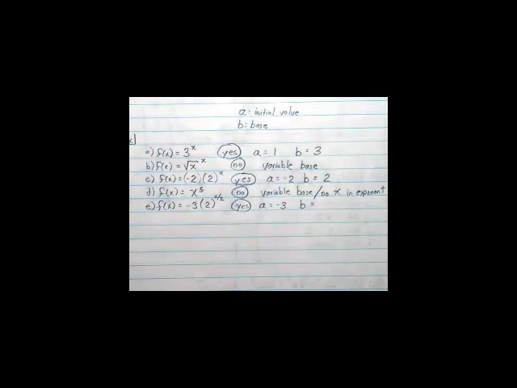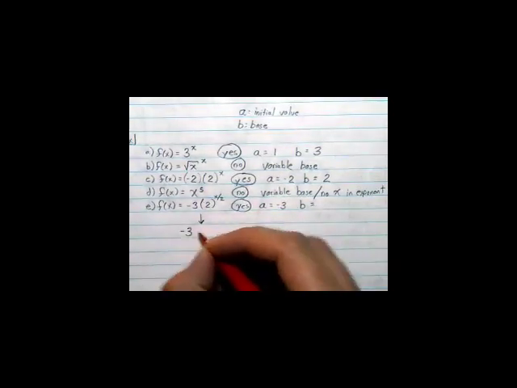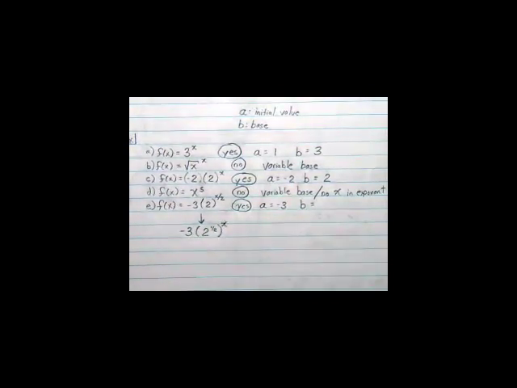Right here, I have 2 raised to the x over 2. I can rewrite that as negative 3 times 2 to the 1/2 to the x. Does everybody see that? That's a rule of exponents you guys have learned before, right? In Algebra 2 you talked about that.